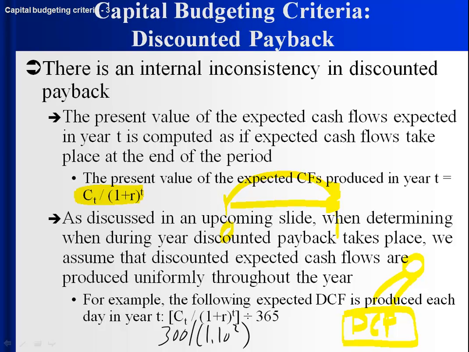That's the discounted cash flow expected in year 2. That is what goes into the machine, and every day, divide that by 365. That's how much we get spit out. So it's a little bit of an internal inconsistency: for discounting purposes, we treat everything as if it happens at the end, but then once we have our discounted cash flow, we assume it is produced uniformly throughout the year.